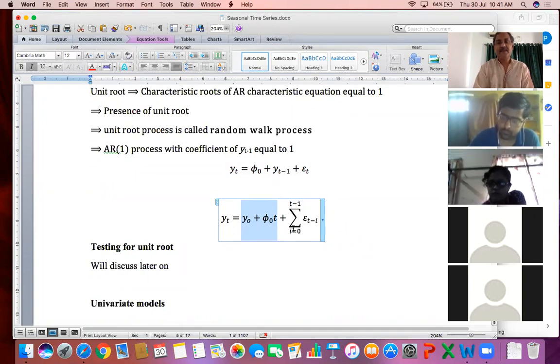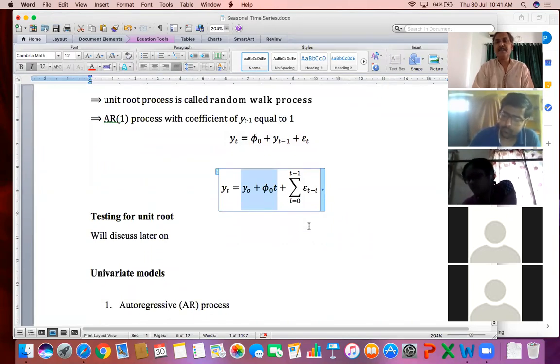That is, if shocks have been accumulating over time, then the variance of the series will follow a certain kind of trend. So if a series follows AR(1) with unit root, or a random walk process, the series will contain both kinds of trend, deterministic trend and stochastic trend.